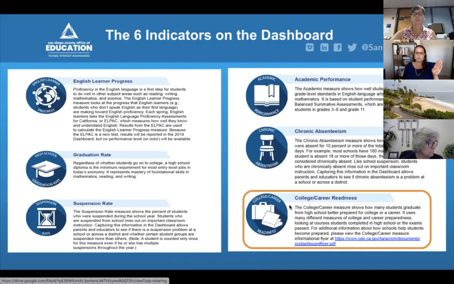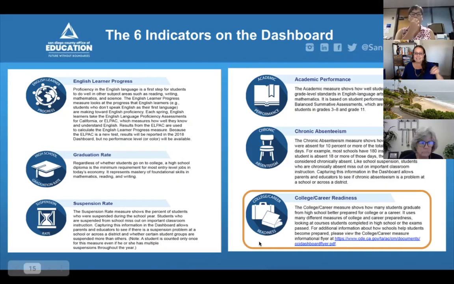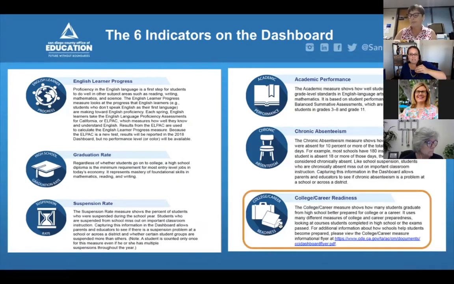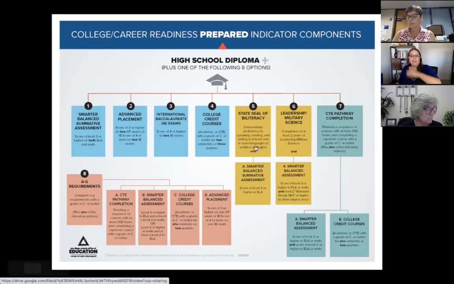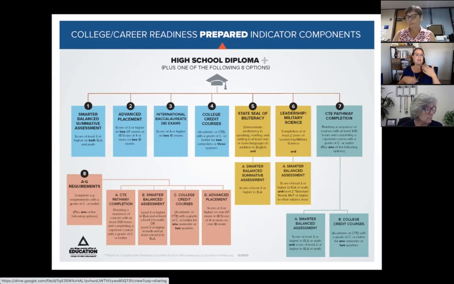On the bigger dashboard, if we go back, there are 6 indicators. Inside the college and career readiness indicator, there are 8 ways to become prepared. So we're going to dive into these 8 ways to become prepared and how our students are doing in those, and not worry about the other indicators. So this is all about the CCI.